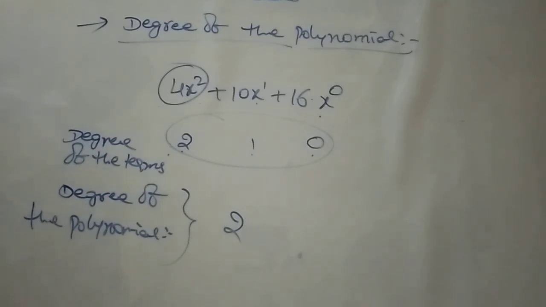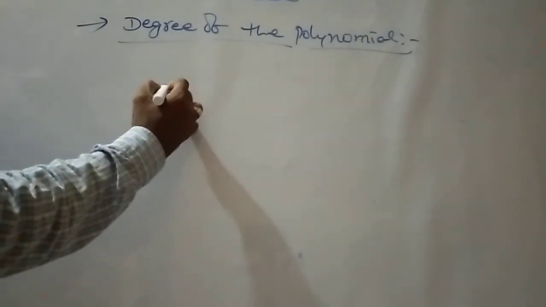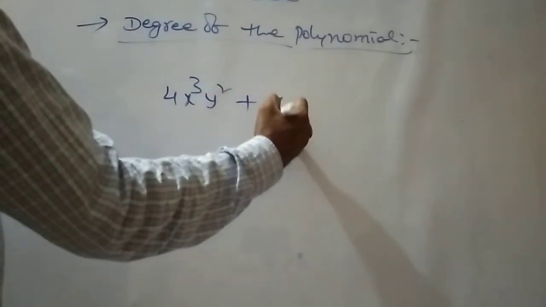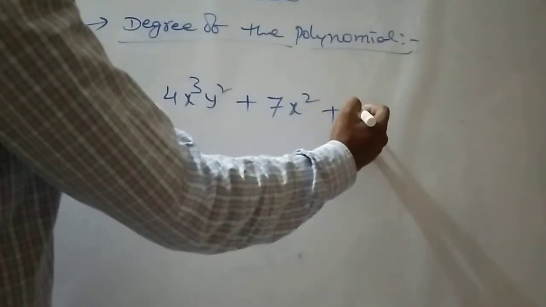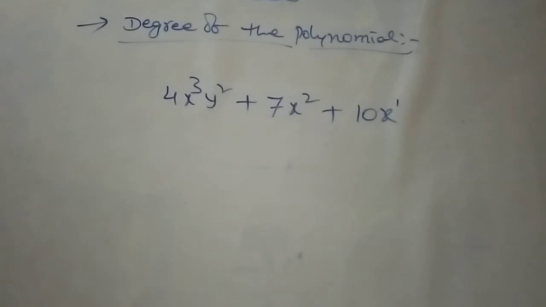Okay. Now I will use one more example. Say the degree of the polynomial 4x cube y square plus 7x square plus 10x power 1. Okay, first find the degree of each term.